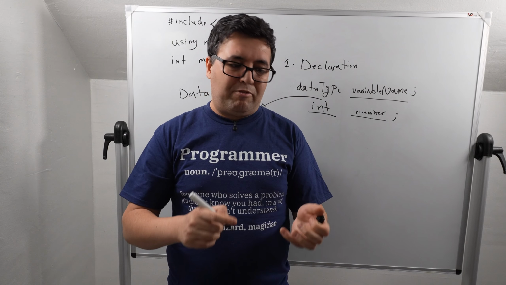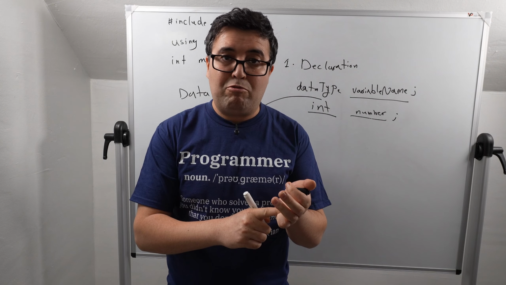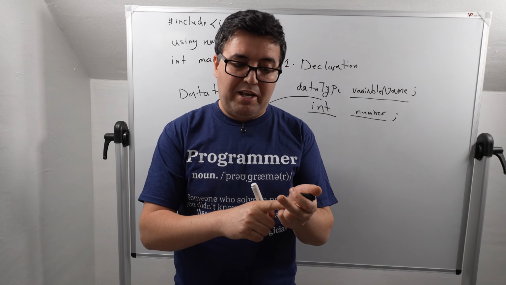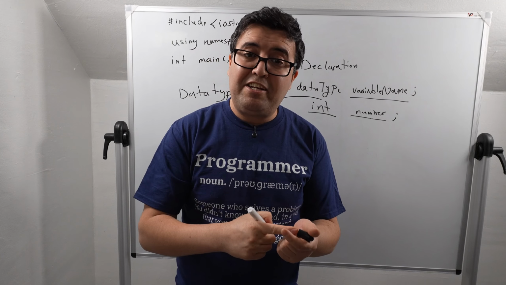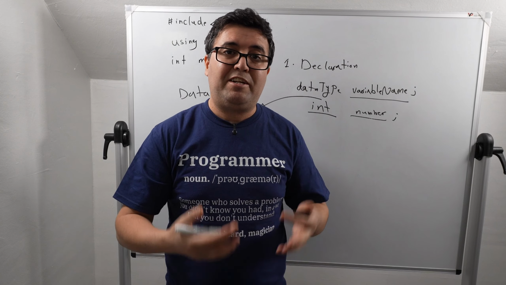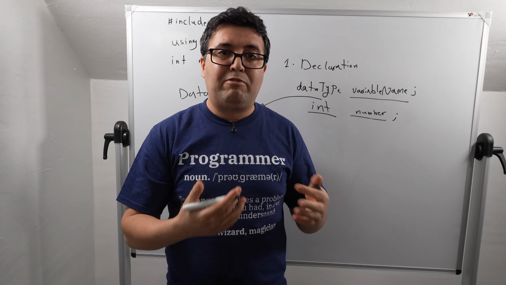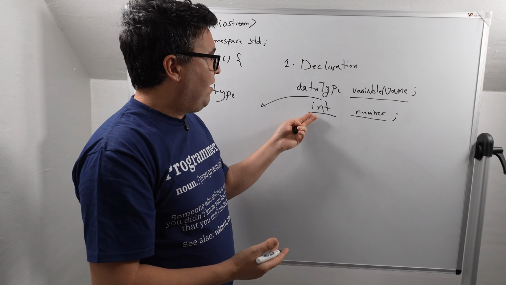Is our data a whole number, a decimal number, a text, or a character? We have to tell the computer explicitly what kind of information we store. So that is how we define the data type.